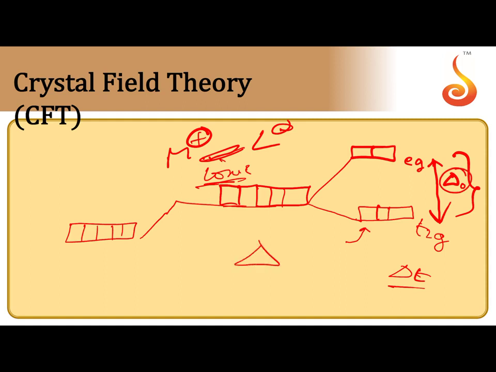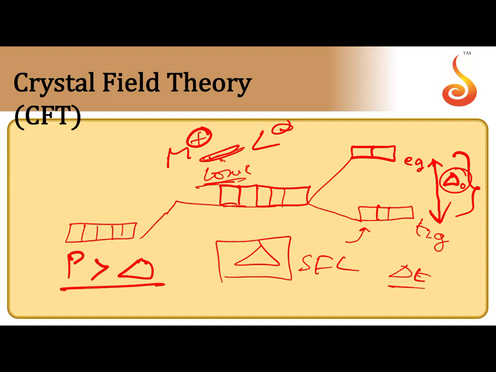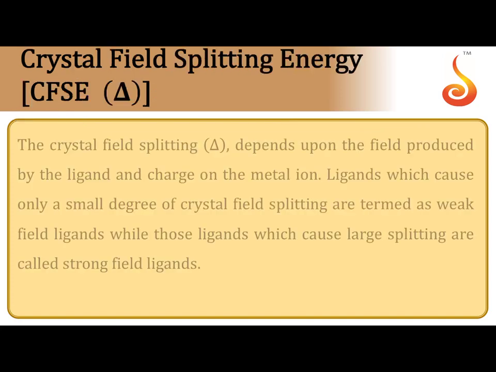The ligand which has a larger delta O value is called a strong field ligand, and then forcible pairing takes place in the t2g orbitals. If the crystal field splitting energy is less than the pairing energy, then electrons enter the eg orbitals after the completion of t2g. That leads to a high spin complex.